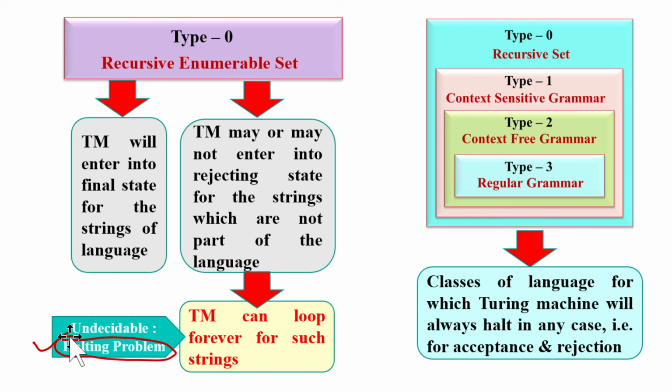So this is all about the recursive set and the recursively enumerable set, and this is a subset of this, meaning any of these type 0 languages may not halt for some input, meaning any program can go into an infinite loop.